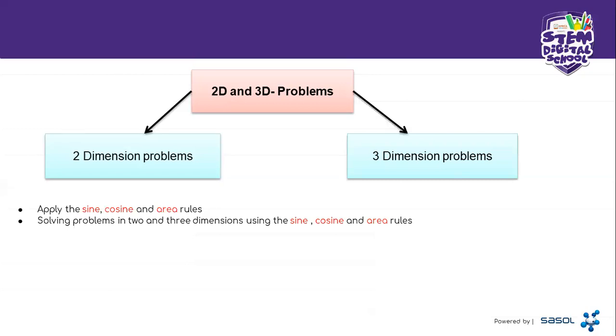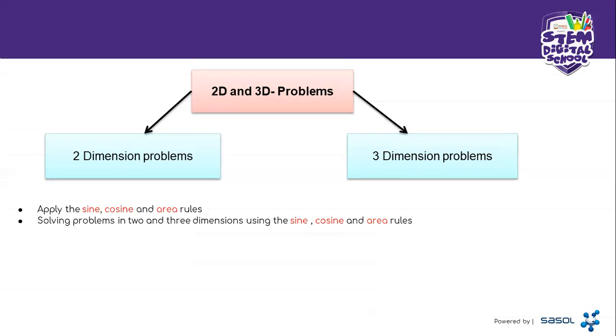So it's important to know when to use the sine rule, when to use the cosine rule, on 2D as well as on 3D. But this is going to be just a revision for us, because we dealt with 2D when we were in grade 11.